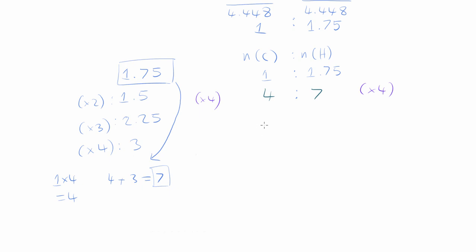Therefore, our empirical formula, remember, this is the ratio between carbon and hydrogen. So the empirical formula is therefore C4, and our ratio is, as you saw, 4 H. Did I just write 4? I did not mean to write 4.